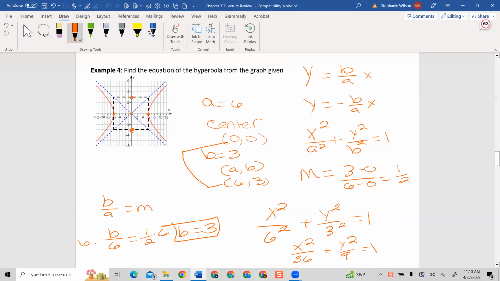Need to check, because sometimes that will be a negative there. If you go back to your formulas, you'll notice that it did have one where it was x squared over a plus the y squared over b, and then we did have one where it was a minus.